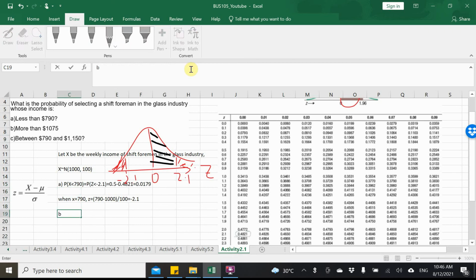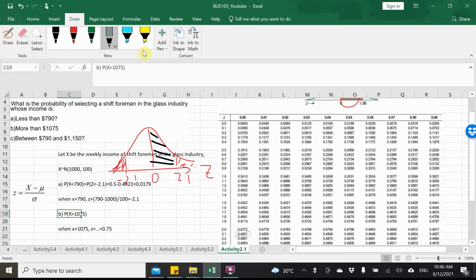Now for part B, we just need to follow the same steps. So let's do it quickly here. For part B, we want to calculate X bigger than 1075. For this probability, what is the corresponding z-score we want to find? Doing the calculation, you will get the z-score equals 0.75.